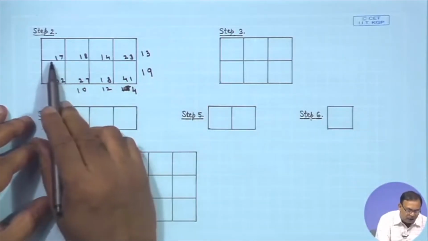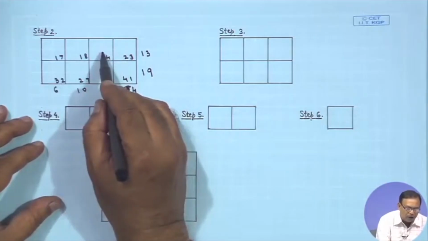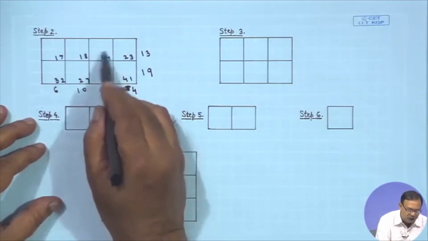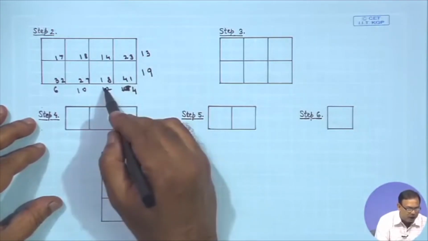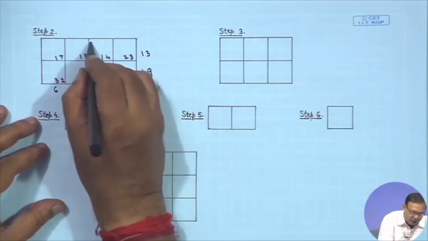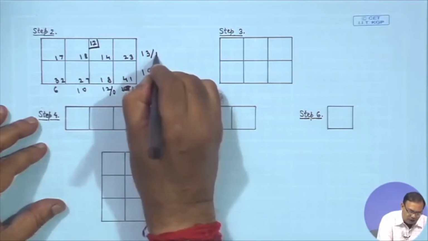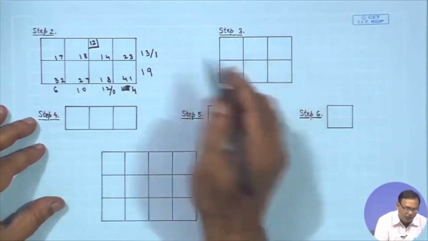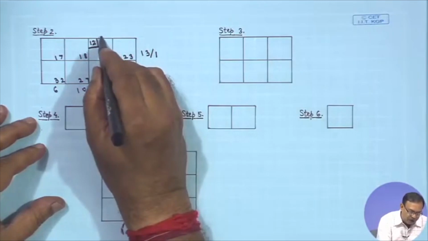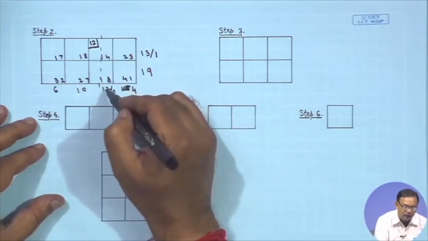Now, again take the first row. In the first row the minimum is coming on this one, that is 14. Now, the minimum of 12 and 13, availability and demand, is 12. So, you will allocate 12 here. This 12 will be 0, this 13 will be 1. In the next step, I will remove this particular column because I have already allocated here.